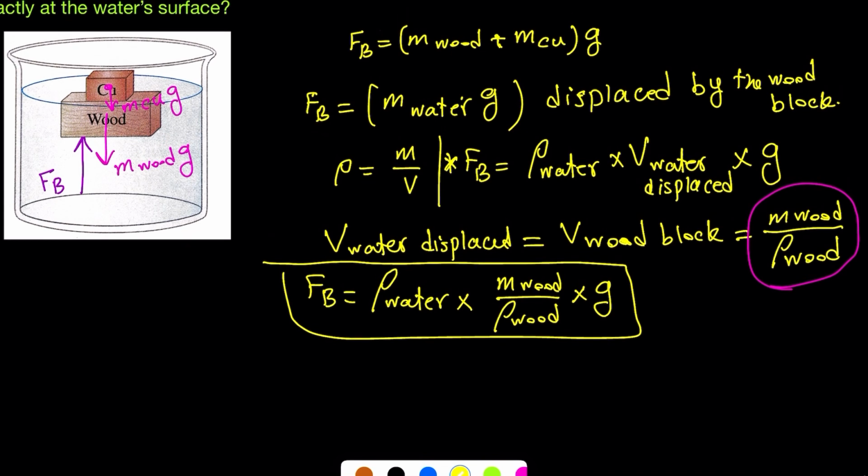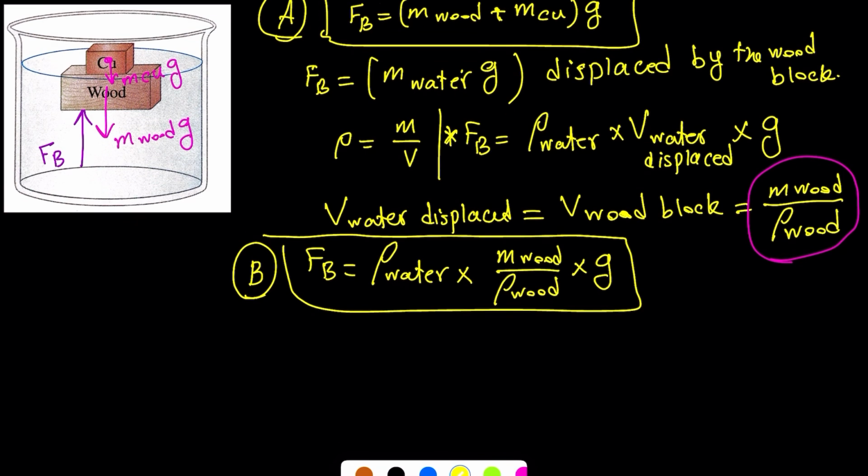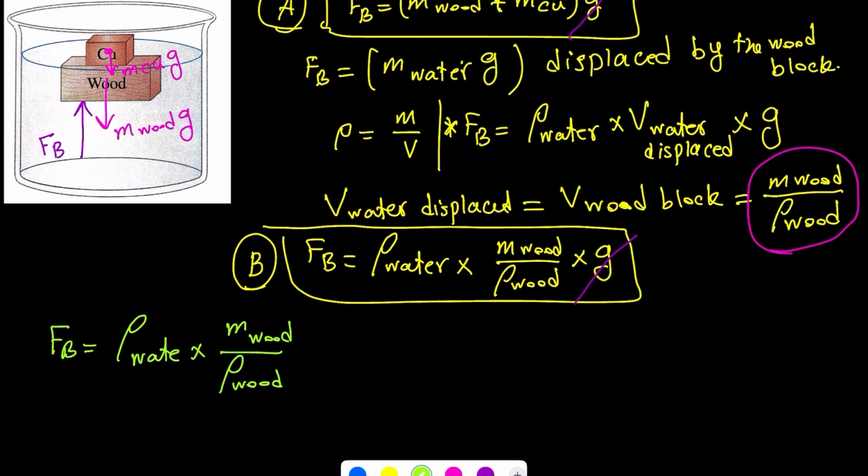Now we can set this equation, let's say equation B, with equation A, which we wrote from the free body diagram at the beginning. We can set them equal, and this g will be cancelled from both sides of the equation. So I can write rho water, the density of water, times the mass of wood divided by the density of wood, which is equal to the mass of wood plus the mass of copper.